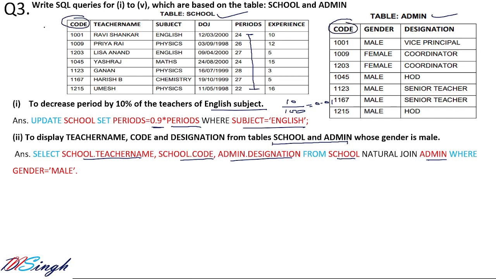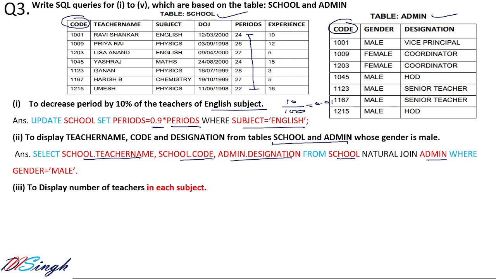If you have a different name but the data satisfies the same data type in both the columns, then natural join cannot be used. Natural join is the same as equi-join only. The only difference is the name of the column must be the same in case of natural join, but in case of equi-join it is not necessary that you will have the same names.